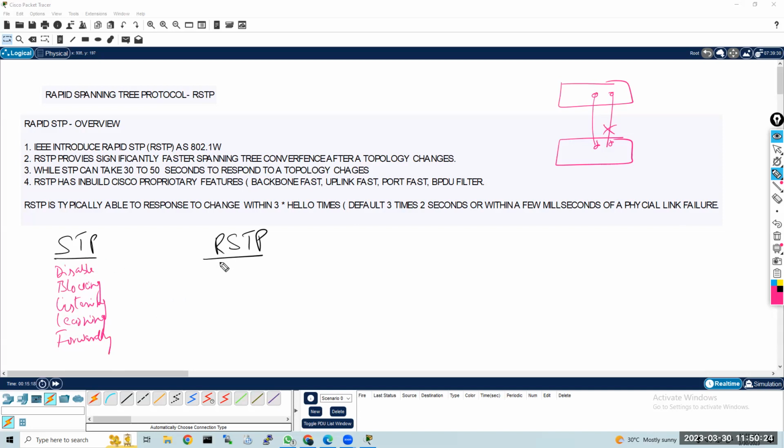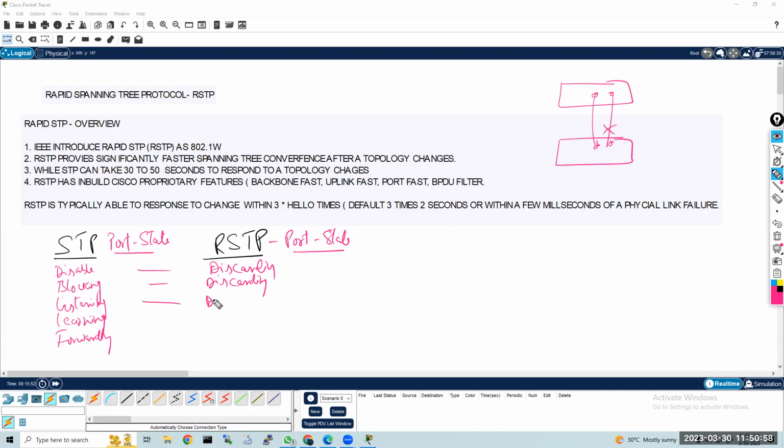So what about rapid spanning tree protocol? I'm talking about the port states, guys. Here, for disabled and blocking it discards.